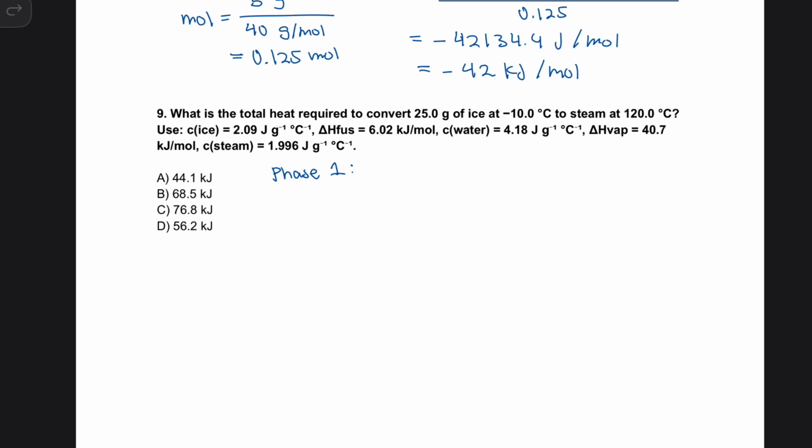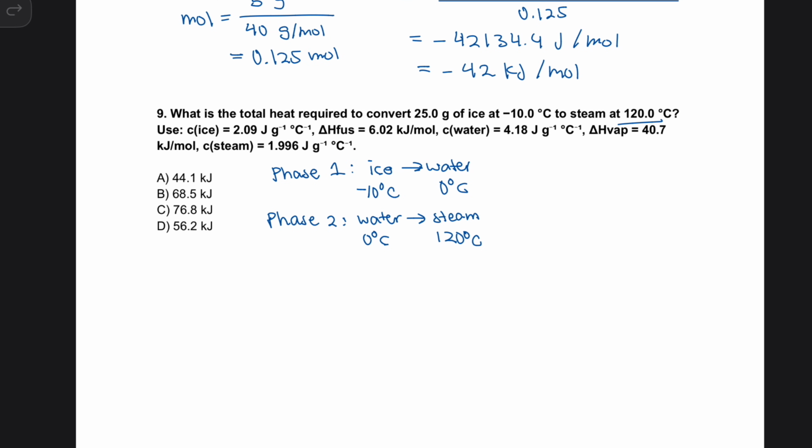So we have one, which is going from ice to water, because it has to become water in order to become steam. And this ice starts at negative 10 degrees Celsius, and it will turn into water at 0 degrees Celsius. And then we have phase 2, which is water converted to steam. So water will start at 0 degrees Celsius, and then we end up at 120 degrees Celsius.